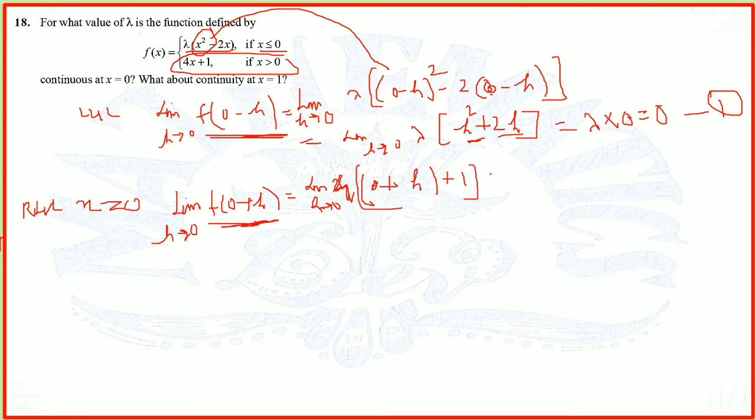Okay, so let us solve it a little. Limit h tends to 0 of 4 times (0 plus h), and then plus 1.